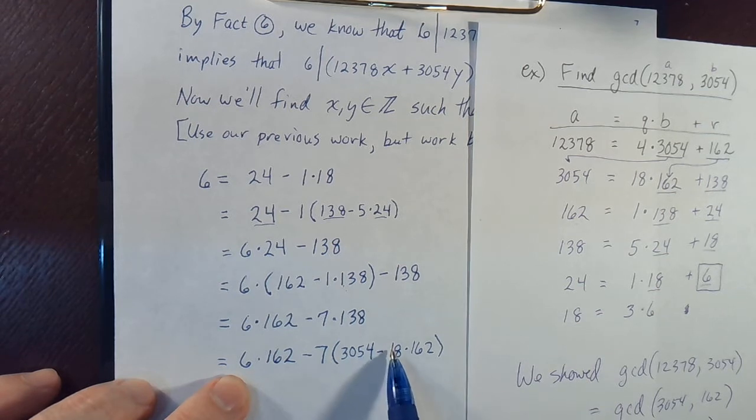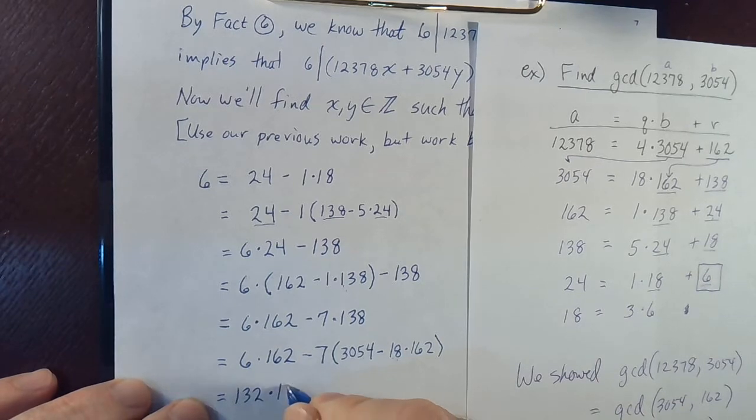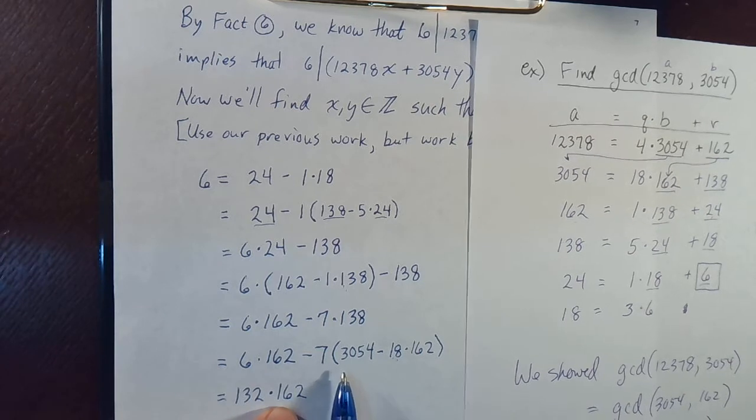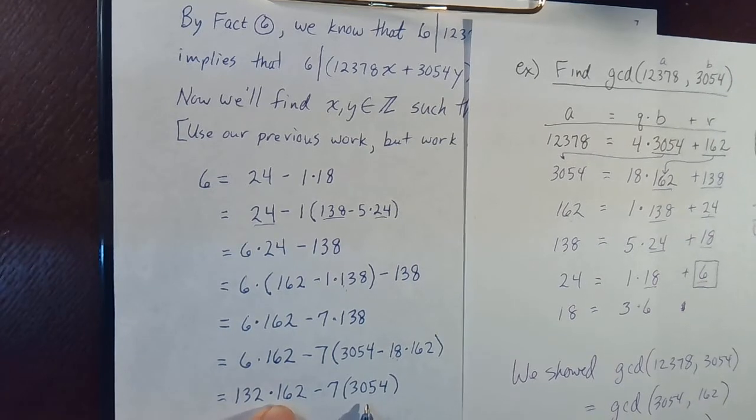So 7 times 18 would be 126. Plus 6 would be 132. That's how many 162s I have. And then it looks like I just have minus 7 3054s. Minus 7 times 3054.